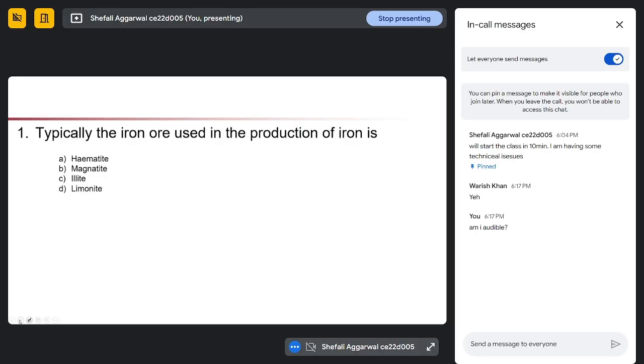Any idea? You can guess the option also if you want. So in India, normally we get hematite type of iron ore, which is used in the production of iron.